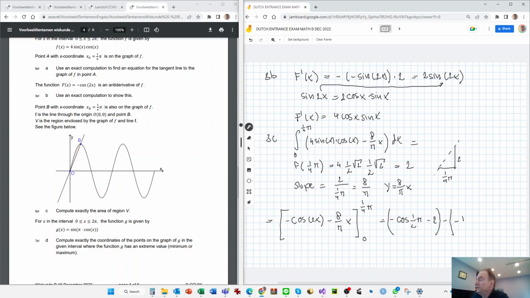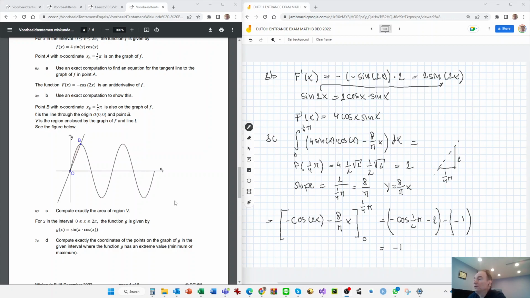And this is 0, so it's this. And that is equal to, so cosine of half pi is 90 degrees, so it's actually 0. So you get, this doesn't make sense. I must have made a mistake. I get a negative number, minus 1. What did I do wrong?